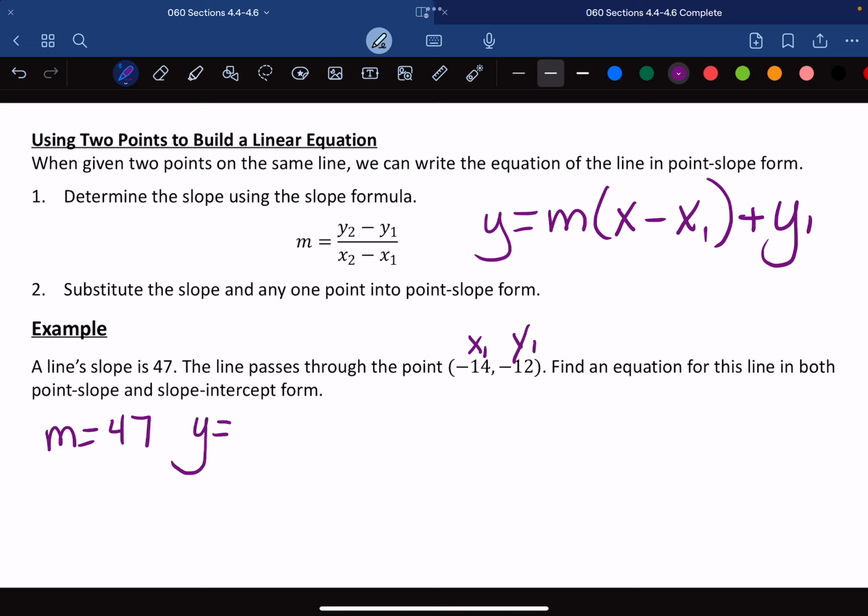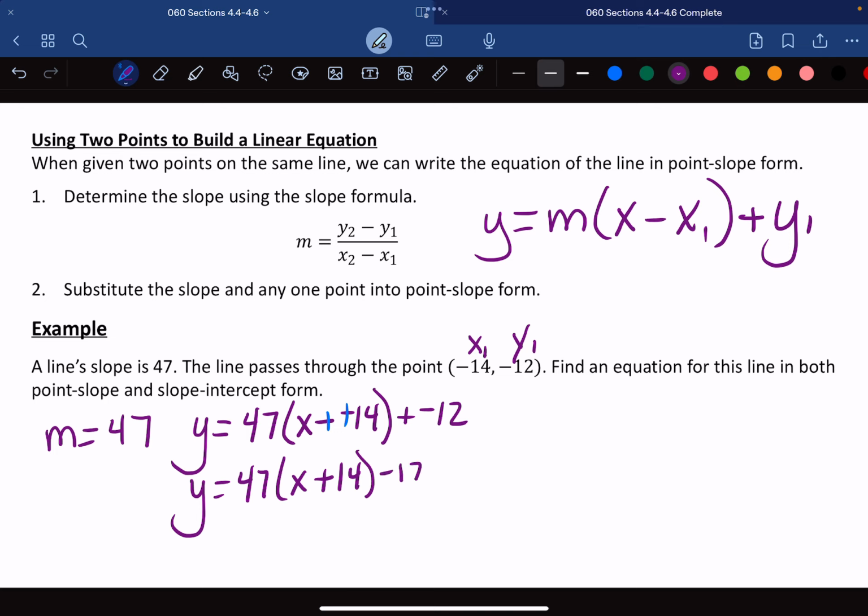I just plug that into my equation. m is 4/7, x1 is -1/4, and y1 is -1/2. We're going to simplify that to get y equals 4/7, x plus 1/4, minus 1/2.